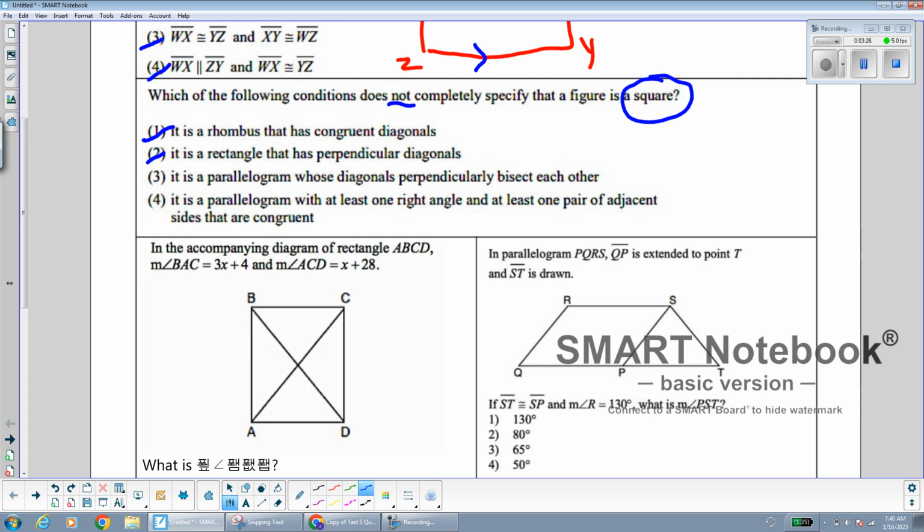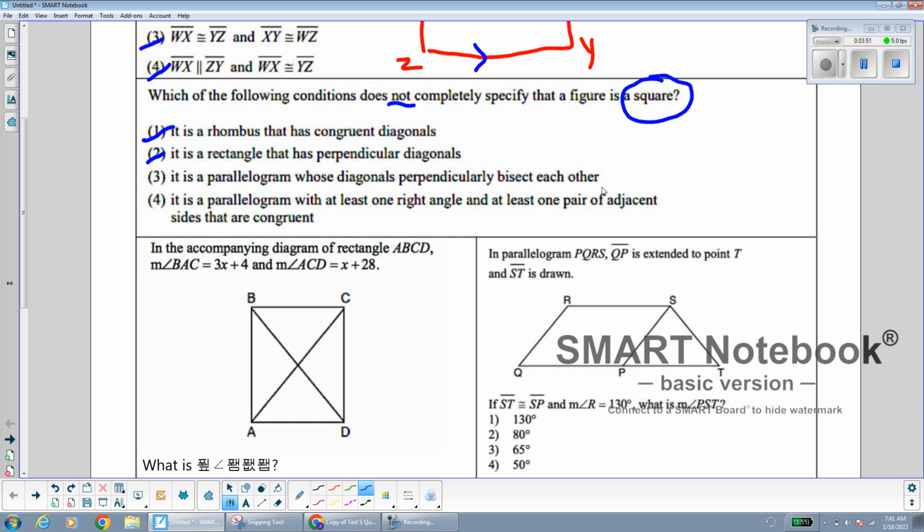It is a parallelogram whose diagonals perpendicularly bisect each other. So it's already a parallelogram, but to be a square, it also needs to be a rectangle and a rhombus. Diagonals being perpendicular, that's a rhombus property, just like we said in number 2, but we're still looking for the rectangle property.